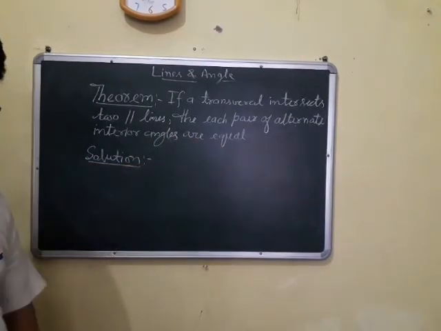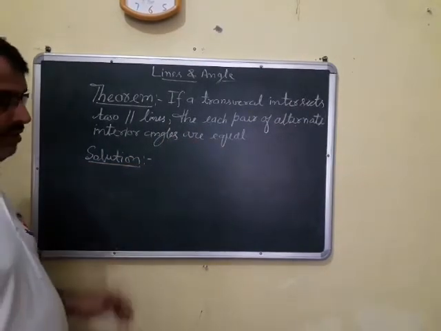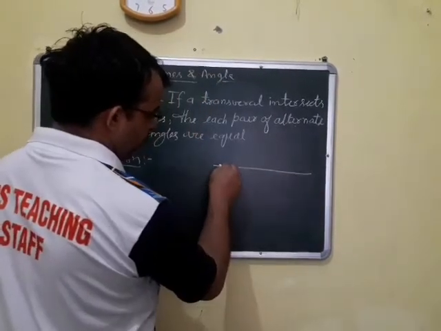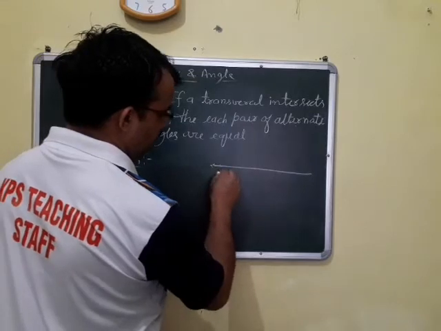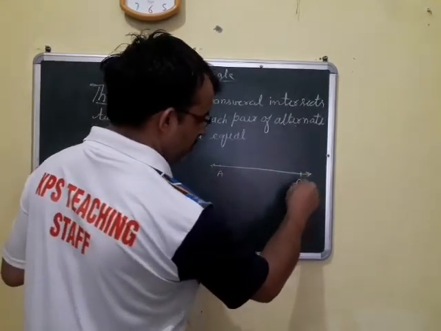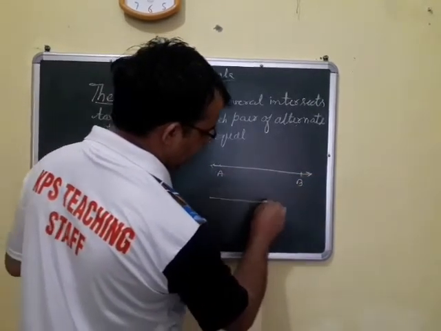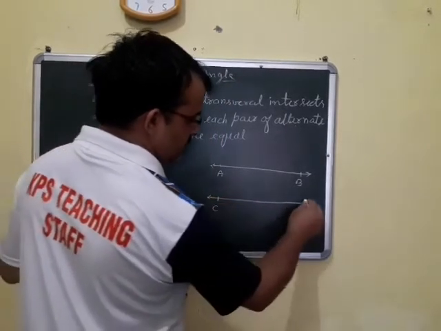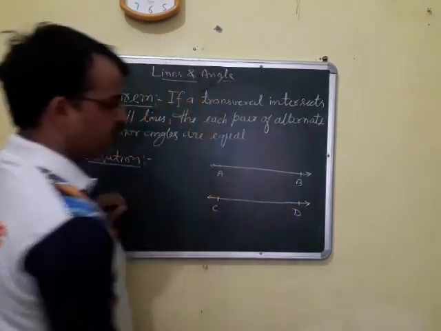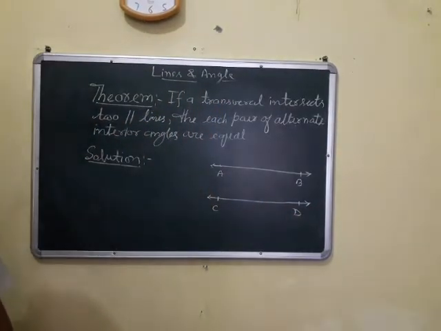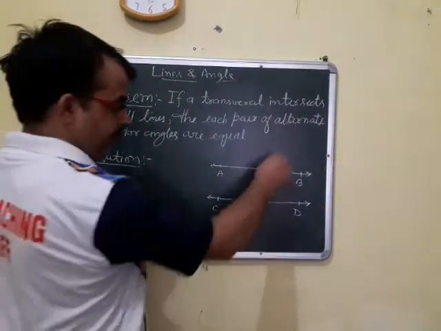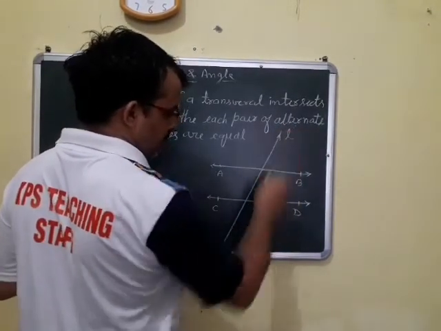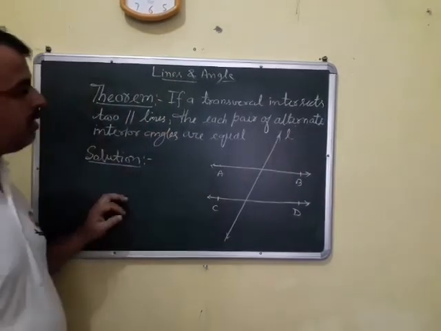Now we draw the figure right here. AB and CD, two parallel lines, and the line L intersects here.